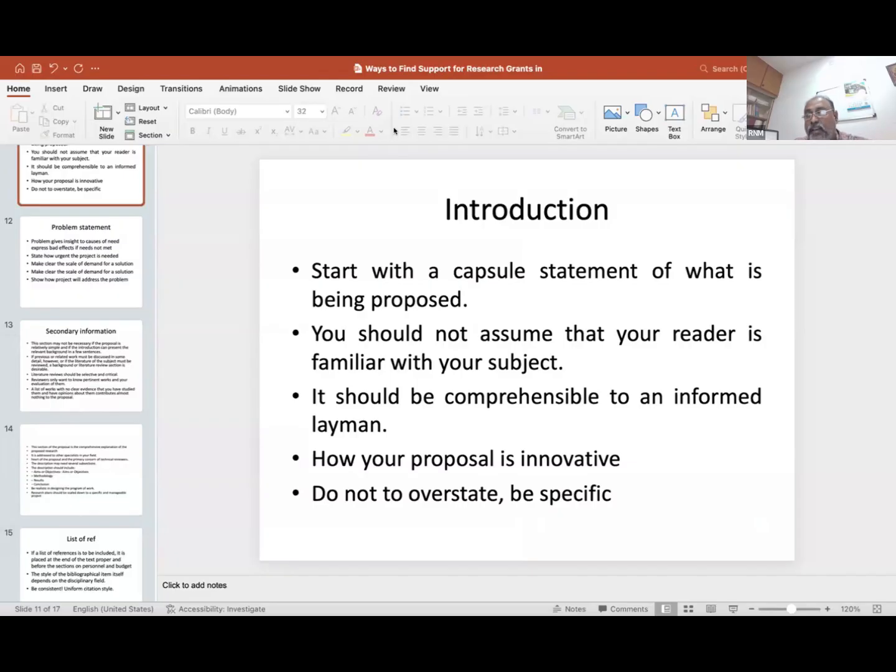And then another thing in introduction: many people think that research objectives, research questions, and research hypotheses are the same and one.